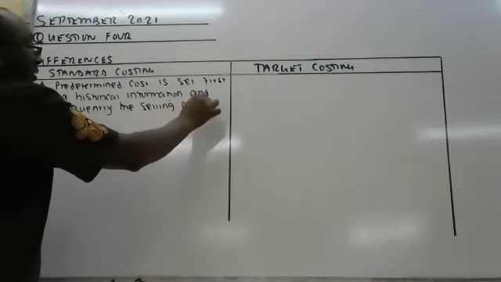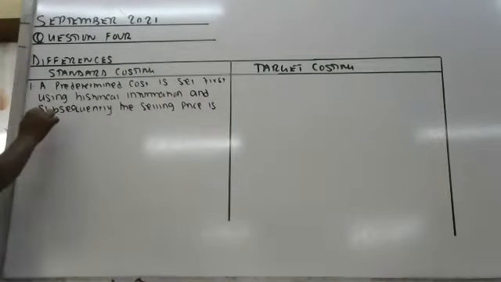That is what happens. The predetermined cost is set first using historical information, and subsequently the selling price is set.